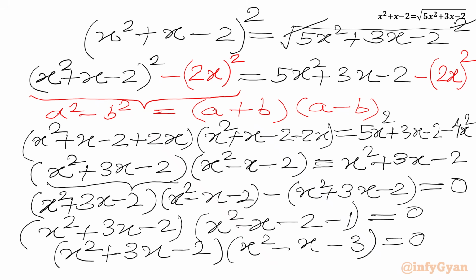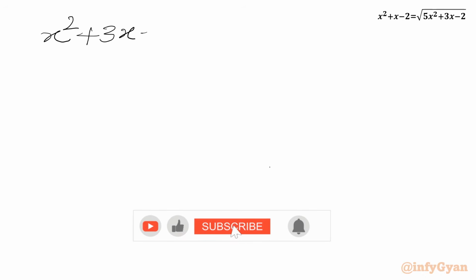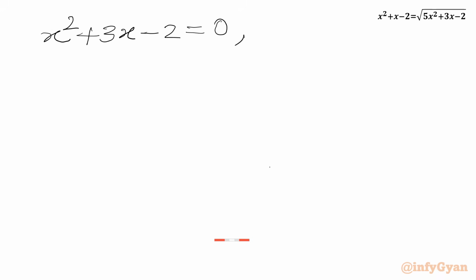Now we'll use the product 0 rule. We will write either x square plus 3x minus 2 will be equal to 0, or x square minus x minus 3 will be equal to 0.